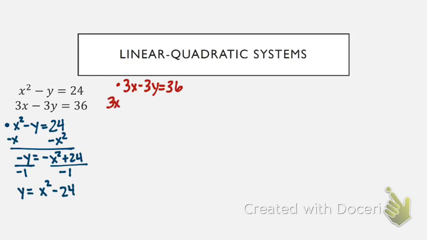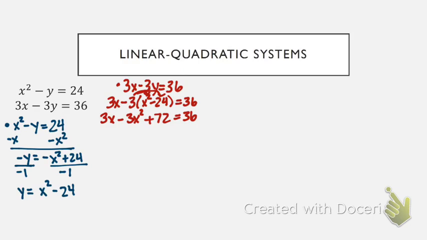So I'm going to substitute x squared minus 24 for y. Then I'm going to distribute this 3. So negative 3 times x squared is negative 3x squared. Negative 3 times negative 24 is positive 72. That equals 36.